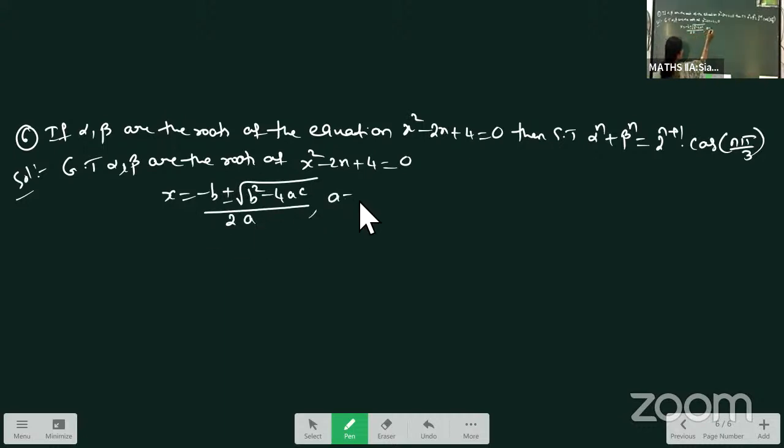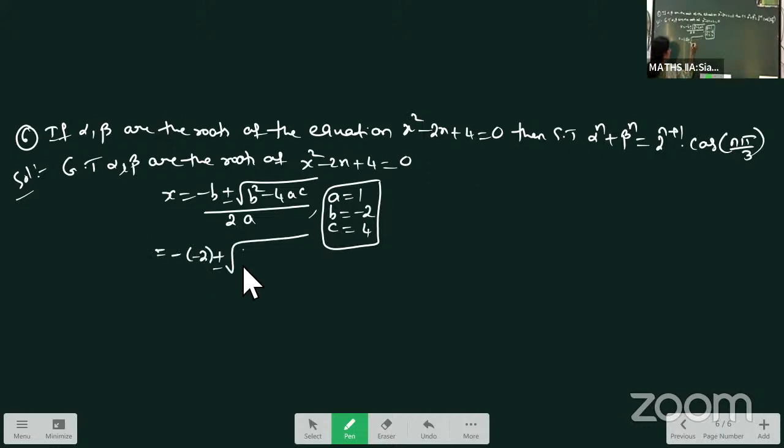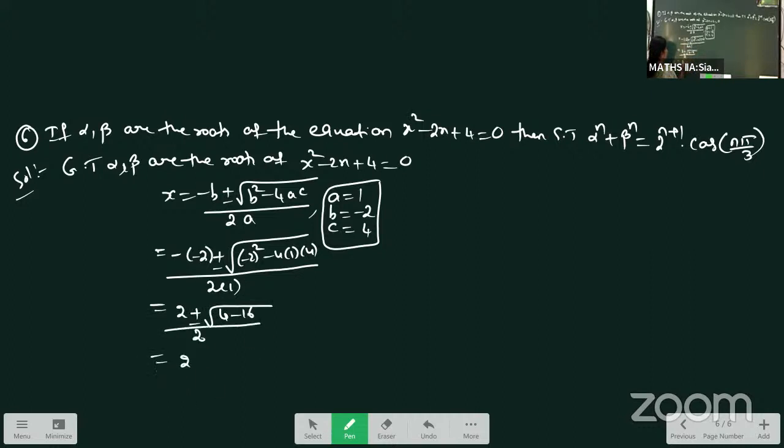Here a value is 1, the x square coefficient. b value is the x coefficient, minus 2. c value is the constant. Now substitute the values. Minus of minus 2 plus or minus under root (minus 2) whole square minus 4ac, by 2a, 2 into 1. So 2 plus or minus under root 4 minus 16 by 2. So 2 plus or minus under root of minus 12 by 2.